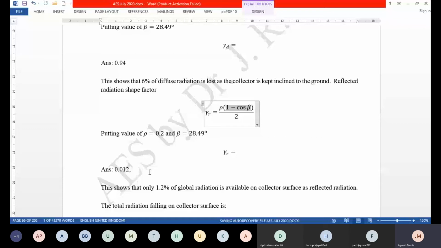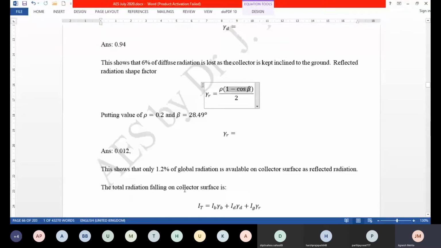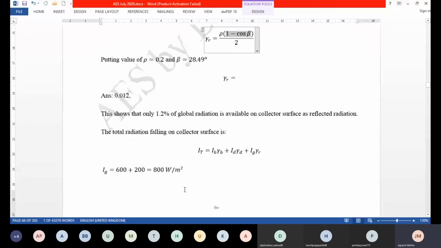So this gets multiplied with the total radiation, 600 plus 200, that is 800. But 800 into 0.012, right? So out of the total 800, only 1.2% of that is available on your inclined collector. So this is again a very small contribution, right?